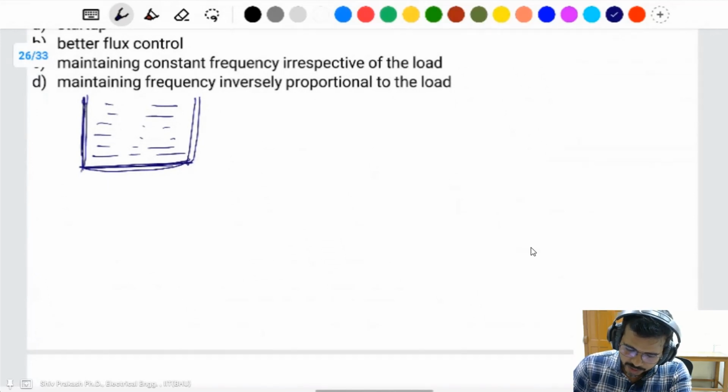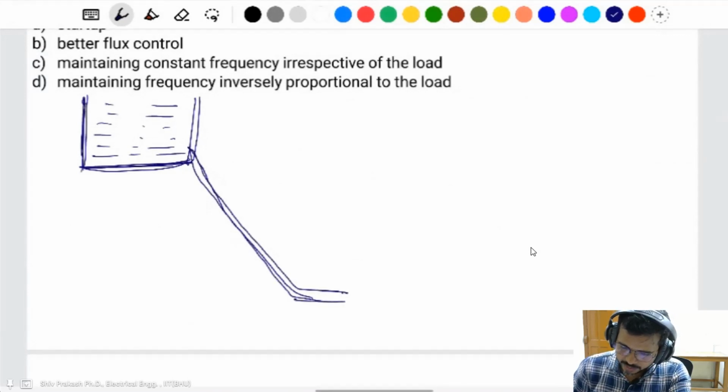And a penstock is there, a pipe, then there is a nozzle.